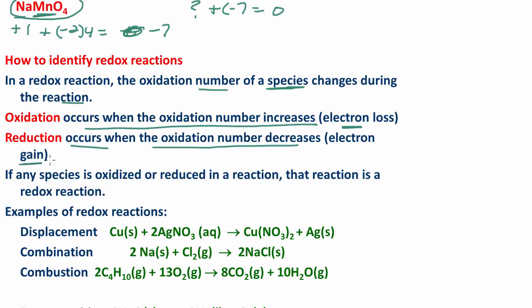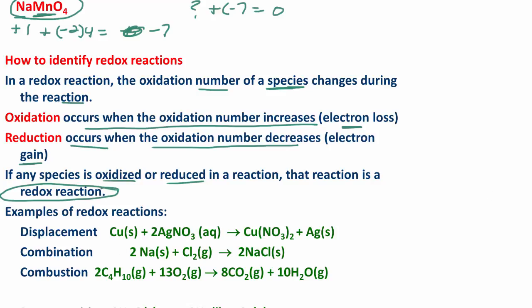That's an electron gain. Oxidation and reduction occur simultaneously. You cannot have one without the other. Where there's an oxidation, there is a reduction. If you have any species that is oxidized or reduced in a reaction, that reaction is a redox reaction.